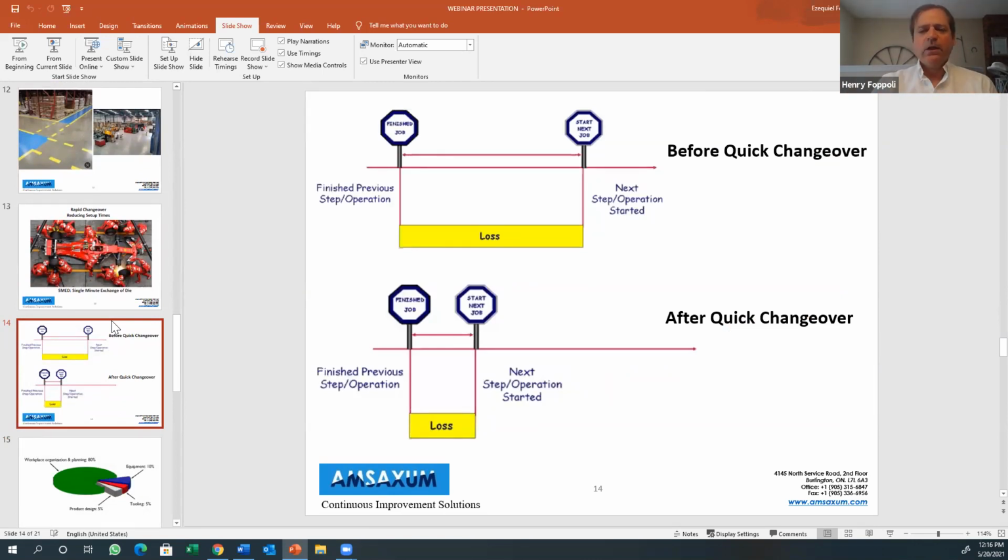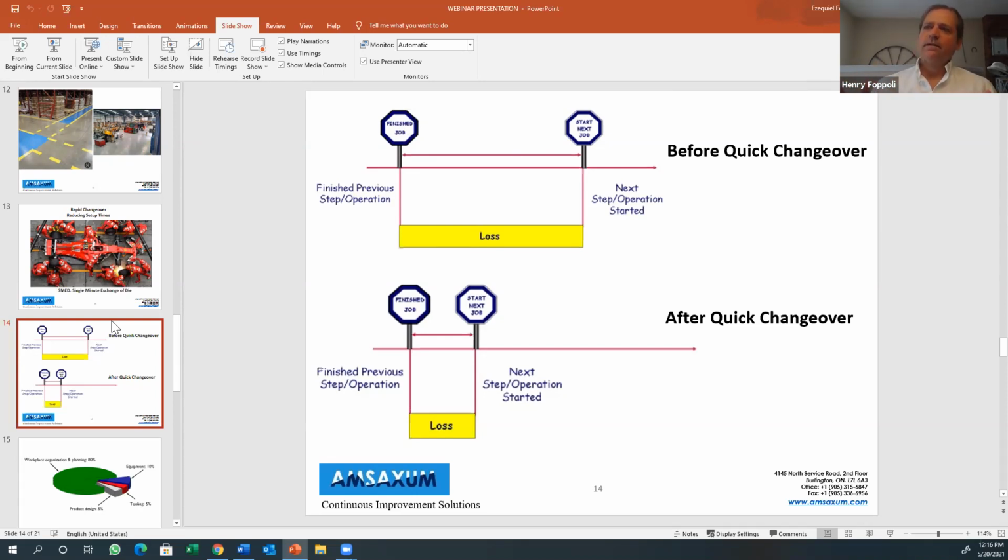When you finish producing, say, product A, you have to prepare the machine to produce product B. Or in a service company, you finish offering service A, and then you have to prepare yourself or the computer or whatever instrument for work to prepare for service B.